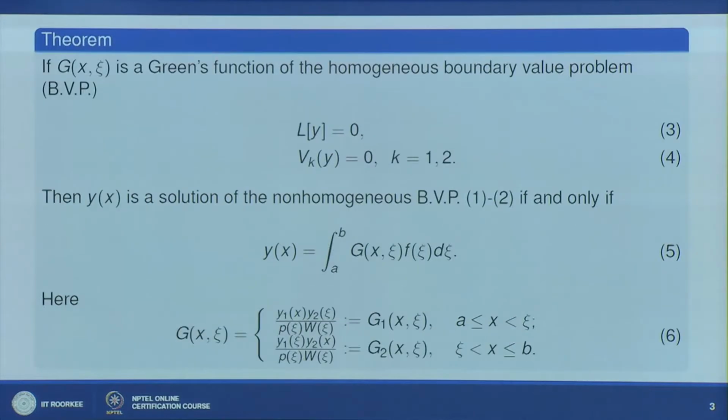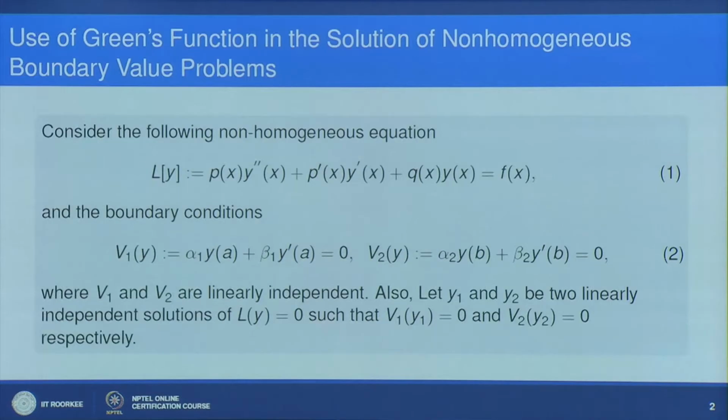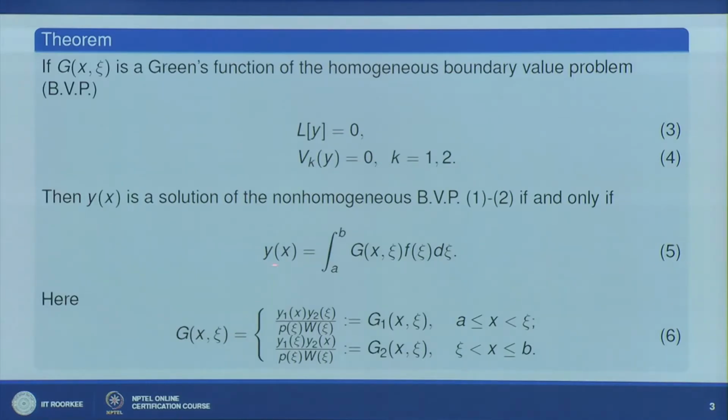And now with the help of this, we have this result which says that if G(x, ξ) is a Green's function of the homogeneous boundary value problem Ly = 0 with the boundary conditions V1(y) = 0 and V2(y) = 0, then y(x) is a solution of the non-homogeneous boundary value problem, that is the problem Ly = f, if and only if y(x) is given by this expression, the integral from a to b of G(x, ξ) f(ξ) dξ, where G(x, ξ) is the Green's function of this homogeneous boundary value problem.